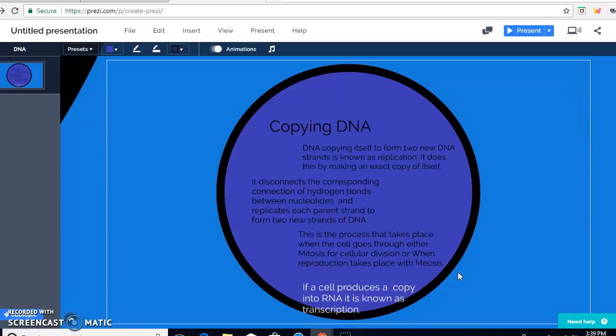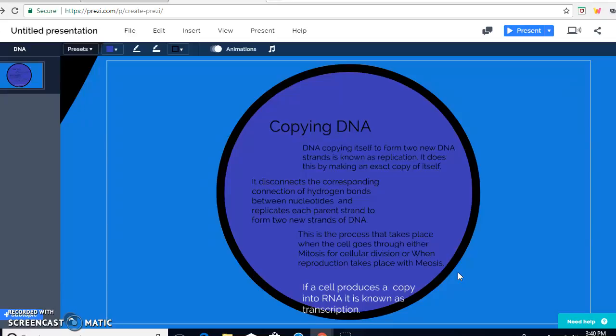And corresponding on the other end where the other section was taken apart, sort of like if the ladder was broken apart at the bottom and you started piecing it back together as you went up, you'd form 2 new ladders. This is the process that takes place when the cell goes through either mitosis for cellular division and meiosis when you're talking about reproduction between 2 different organisms, basically.